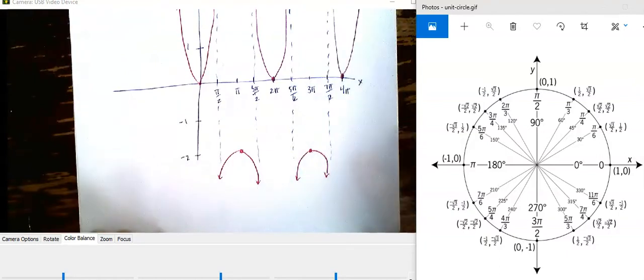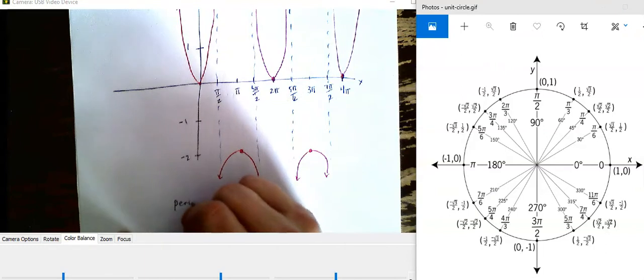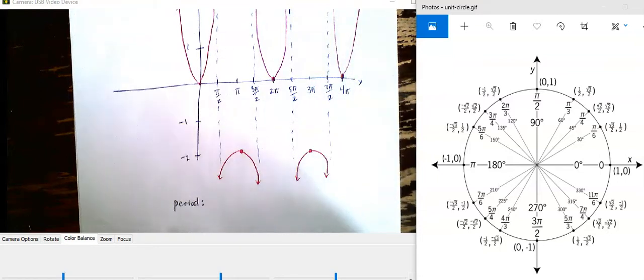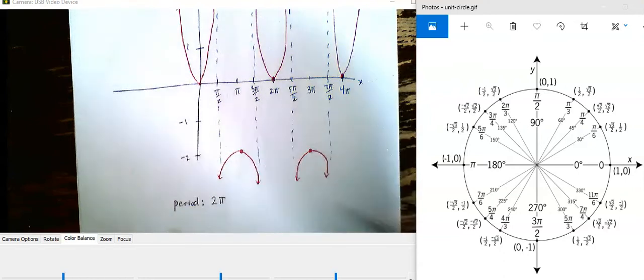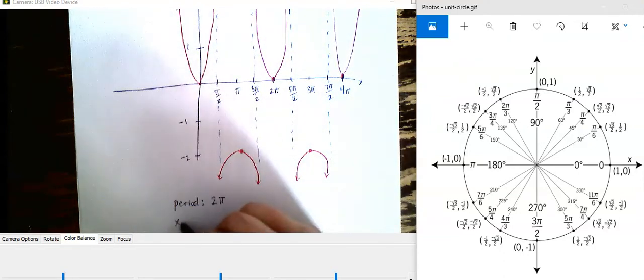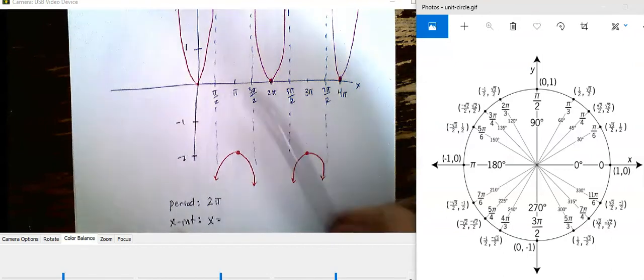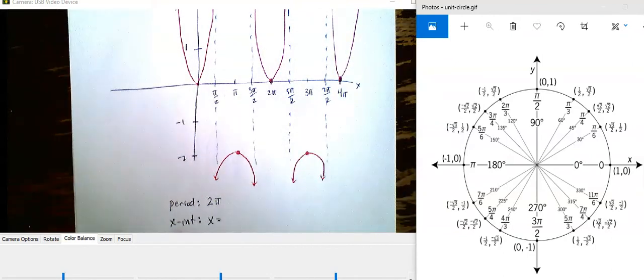All right, let's look at the period and any intercepts that we have. The period seems to be 2 pi still. We have some X-intercepts this time. That's when X is 0, 2 pi, 4 pi, and the next one would be 6 pi.